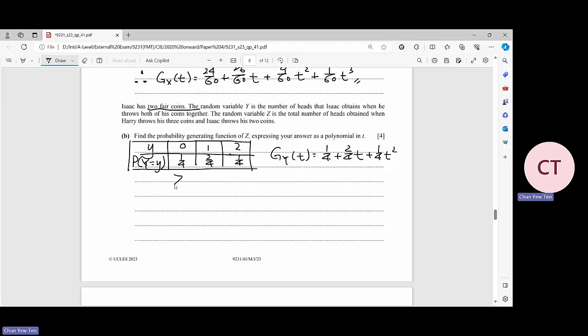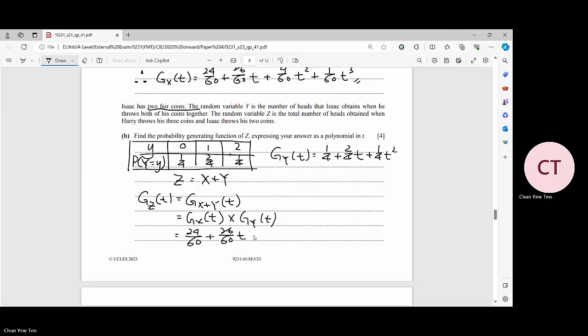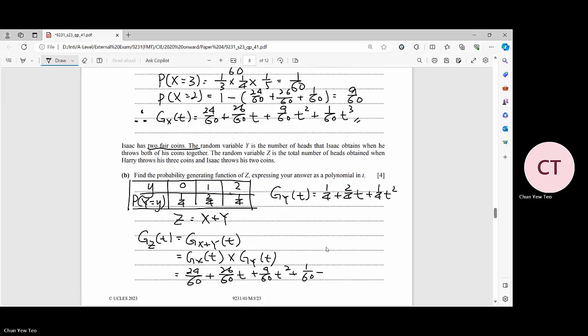Okay. Then they give you that Z is X plus Y. Then GZ(t) is equal to GX(t) multiplied by GY(t). So it's equal to 24/60 and so on, equal to this multiplied by this.